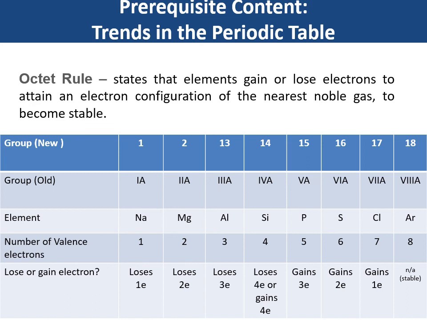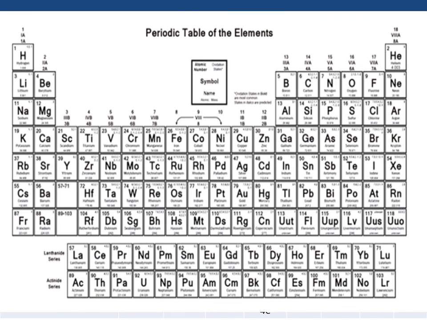Next one, octet rule states that element gain or lose electron to attain, again, electron configuration of the nearest noble gas to become stable. So dito, I have here with me an example of, again, periodic table of elements.